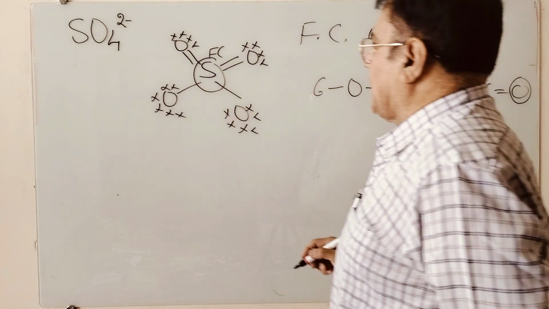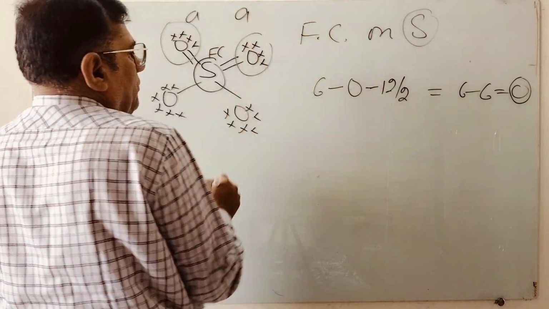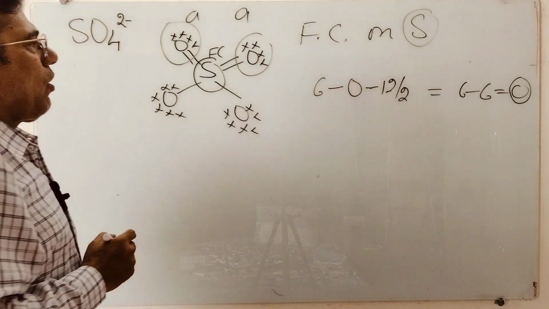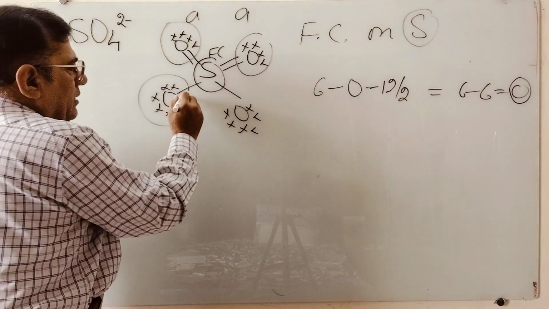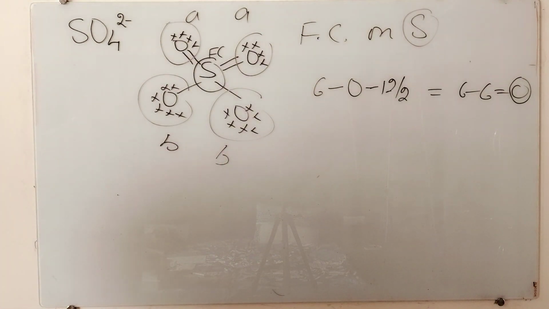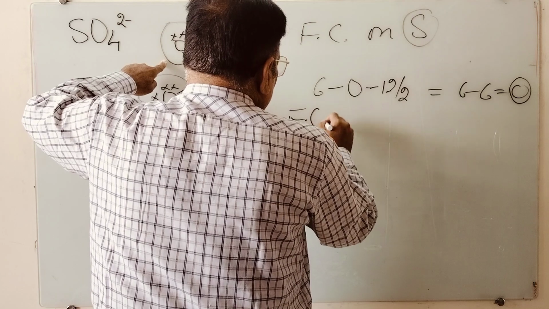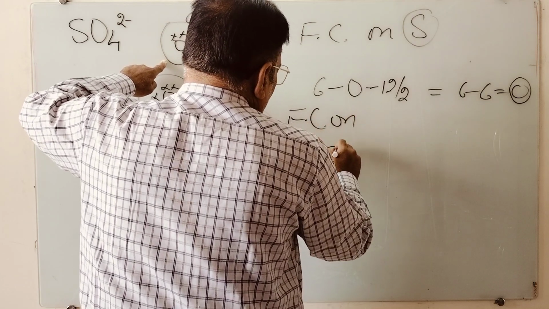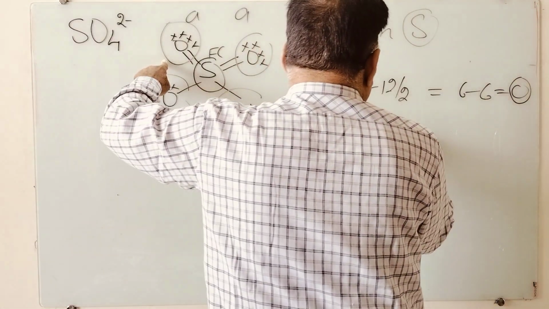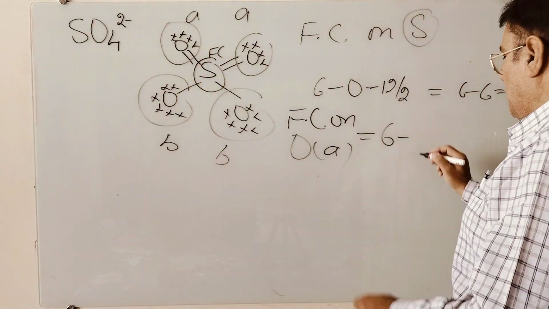Right? Now I will calculate any of these oxygen. I will put A. Formal charge on any oxygen A. This is oxygen B, I will say, right? Now suppose I am calculating formal charge on oxygen A, right? Group number 6 minus non-bonding electron 4.